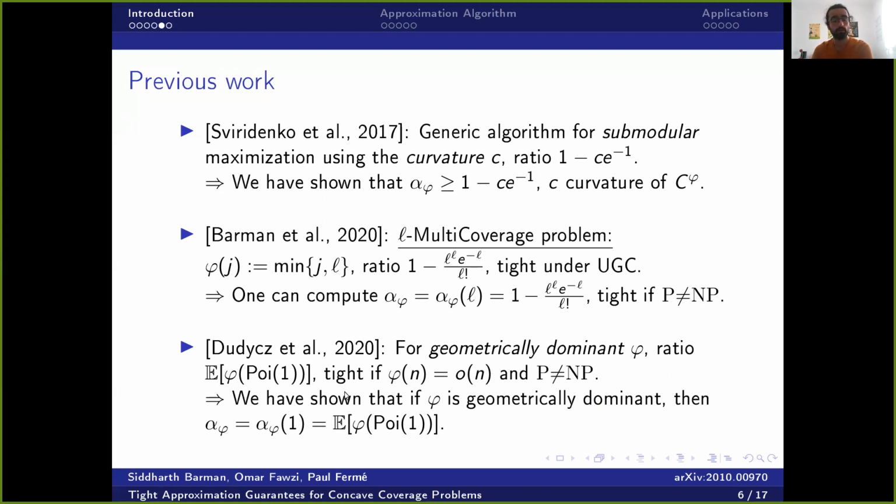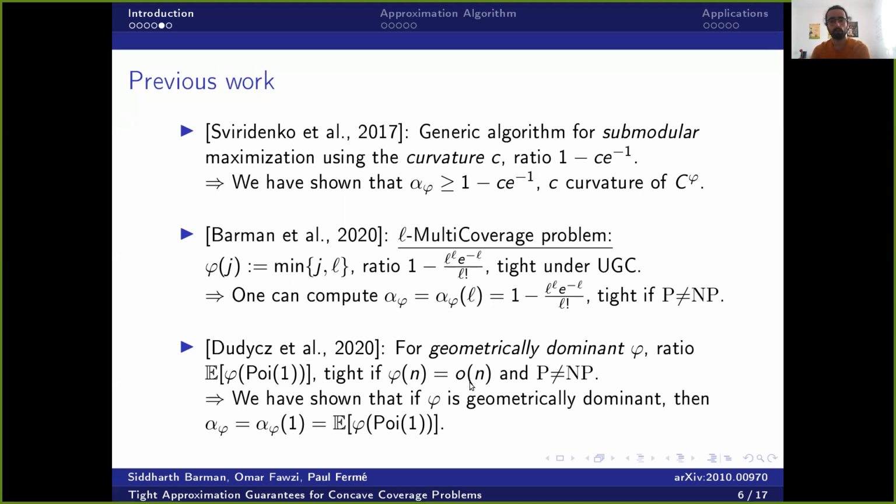So we've shown that if we add these further constraints that phi is geometrically dominant in our context, we have indeed that our coefficient alpha phi takes its minimum in 1, and so that it's equal to these results. And this means that it is indeed a particular case of our result. One should note that these results didn't, for instance, cover the L multi-coverage problem, since the minimum is taken in L in that setting.